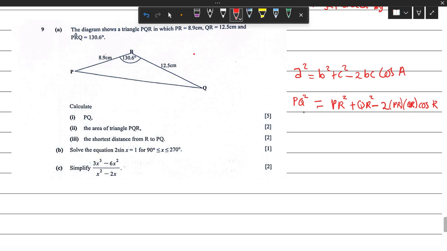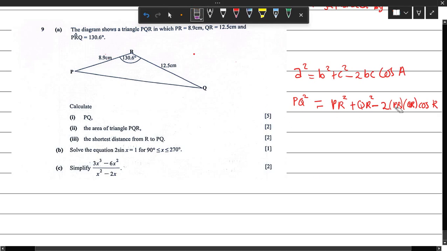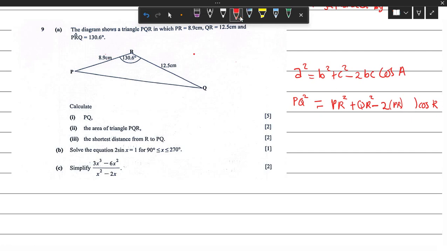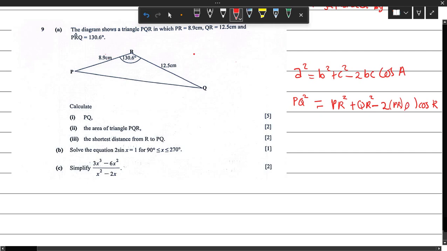You understand? This is finer than writing A, B and so on. So let me just rewrite this.